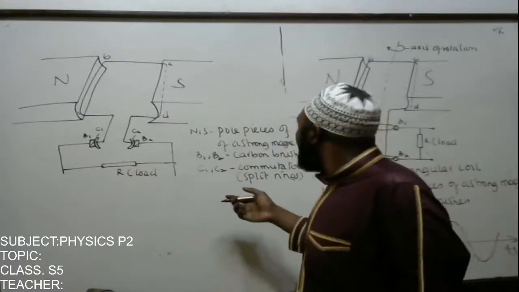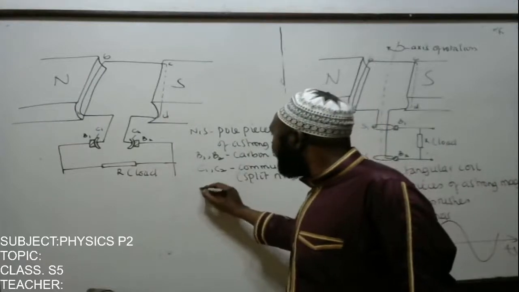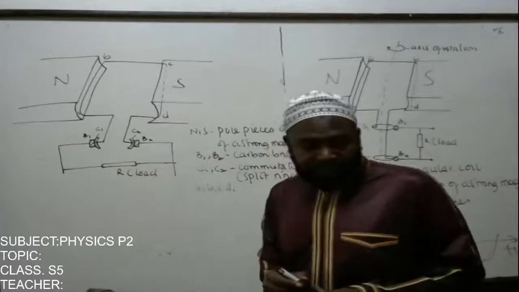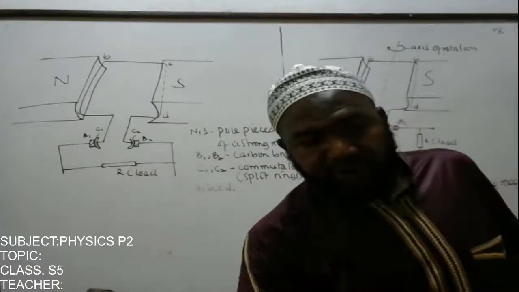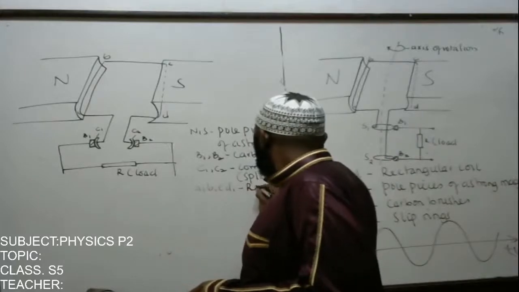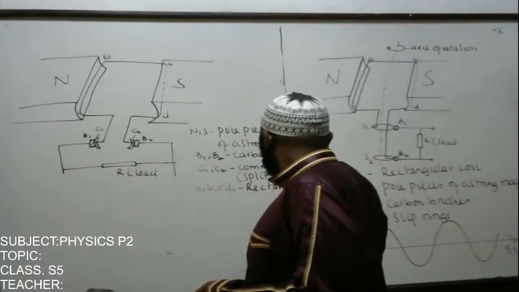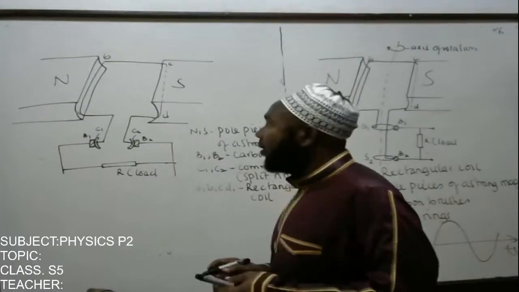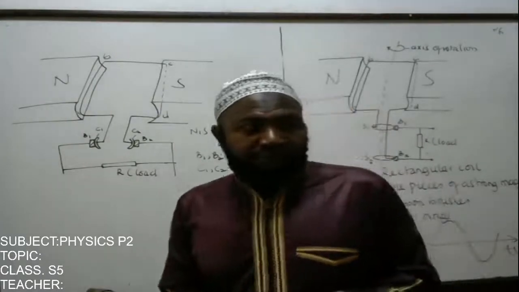Then ABCD is a rectangular coil. The principle is the same.